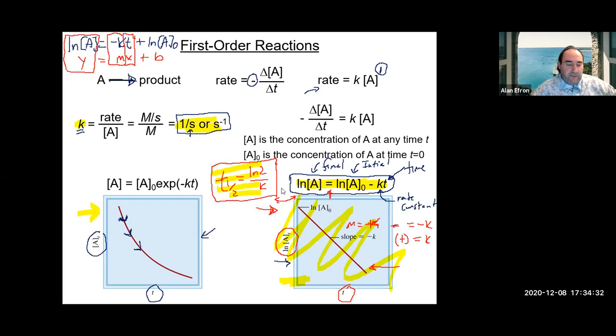If you know just one piece of information about a particular reaction, maybe you know how the reactants are changing over time, maybe you know how the products are changing over time, you can use the rate expression to figure out how everybody else is changing over that same period of time.